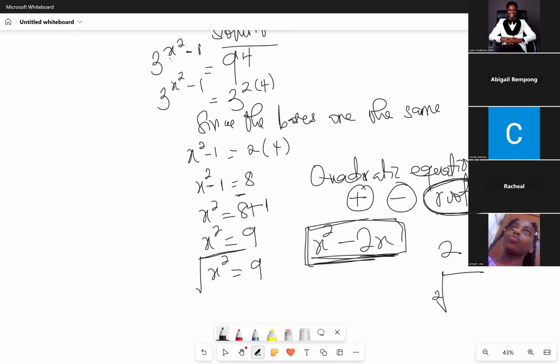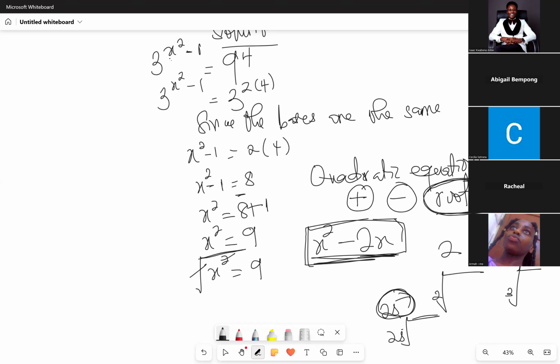Any cubic power has a relationship with cube root. Same applies to anything. So I introduce the square root so that it cancels off, right?